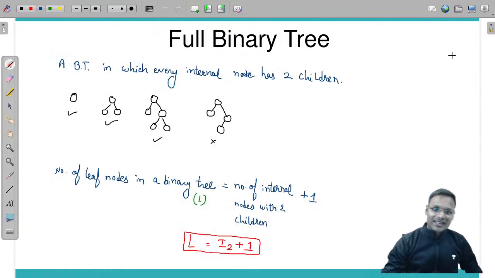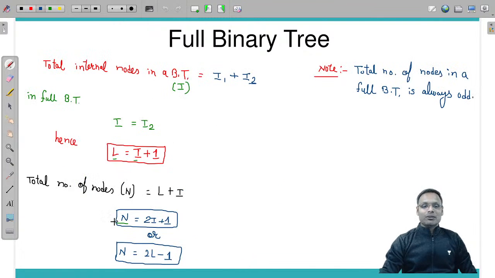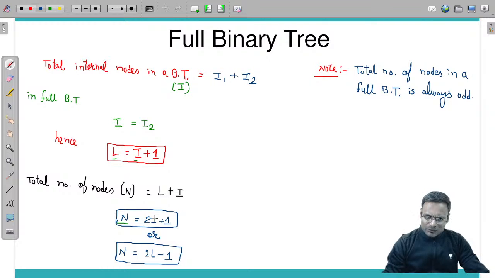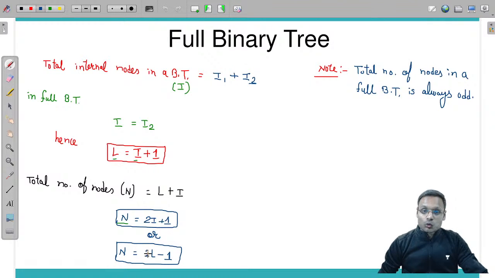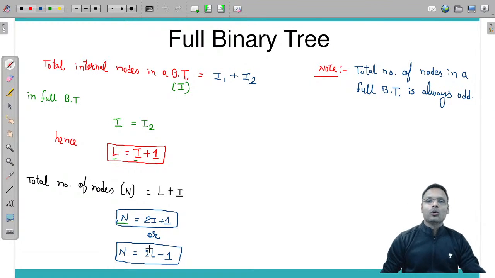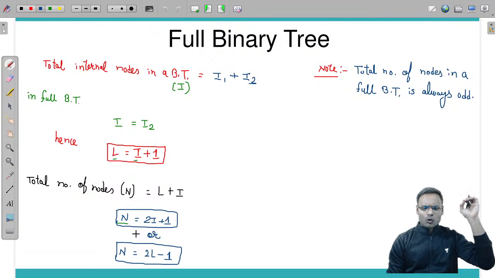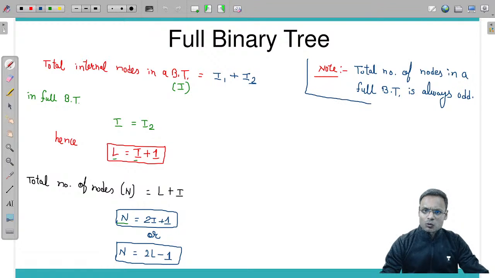You can take examples, or you can take it mathematically: something into 2 is an even value, plus 1 is odd, or something into 2 even value minus 1 is odd. So you will always get the value of n odd only. Always, it will definitely happen. This particular note you will remember: total number of nodes in a full binary tree is always odd.